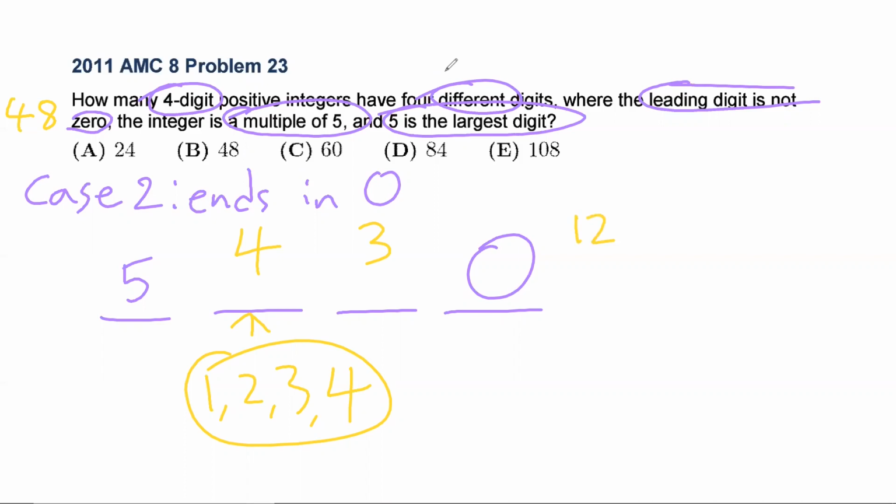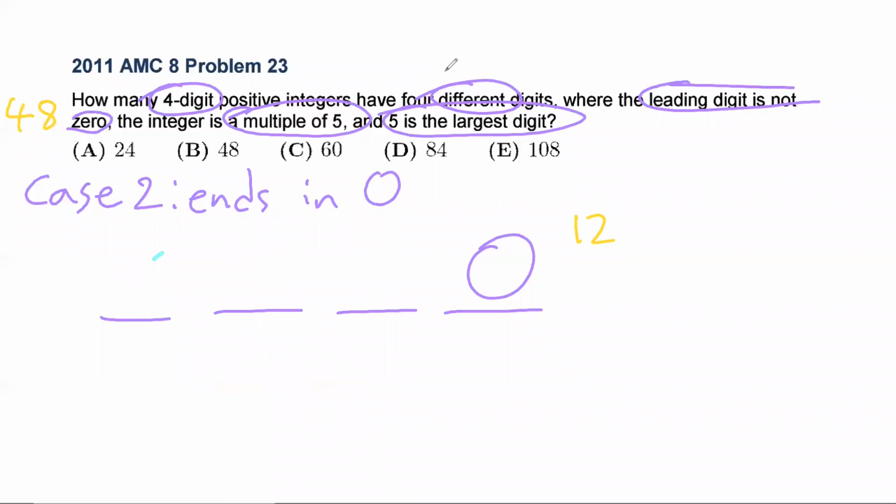But you could also put the 5 in different positions. So for example, if you put the 5 here, then for the first place position, since the digits all have to be different, you have 1, 2, 3, or 4.